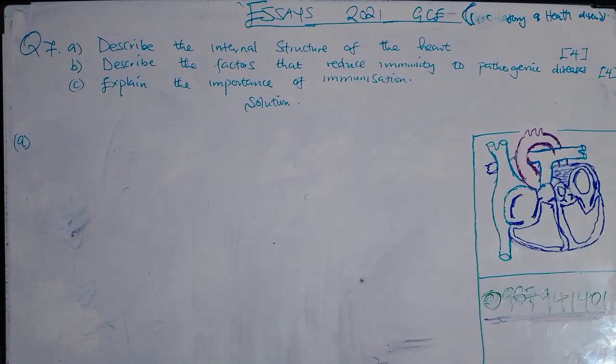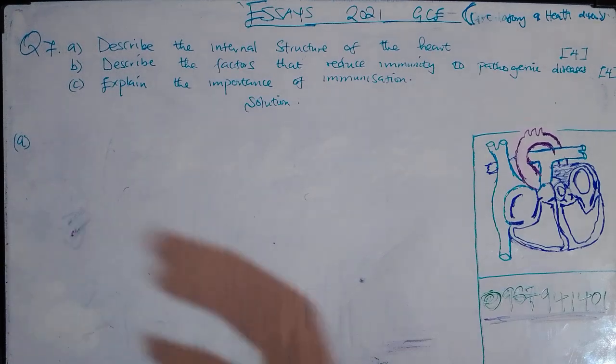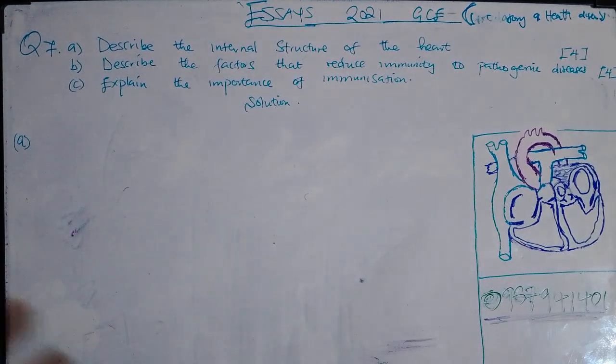To begin, the first question is asking us to describe the internal structure of the heart. Whenever they ask you to describe something, they are asking you to write how it looks inside. So here they want us to explain how the heart looks inside.